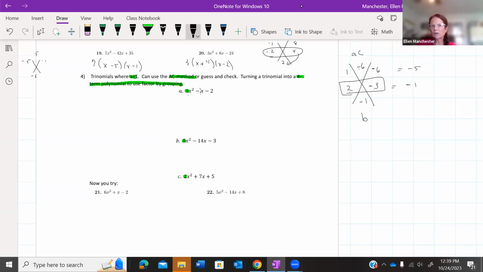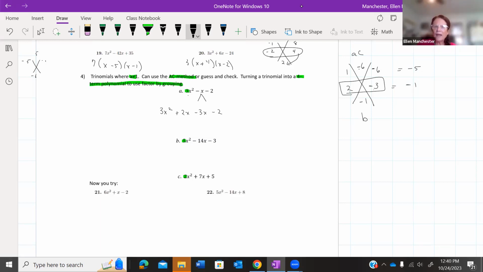Okay, so this is the step that most people miss. What we're going to do is explode or rename this middle term using these factors. So I'm going to rewrite 3x squared plus 2x minus 3x minus 2.